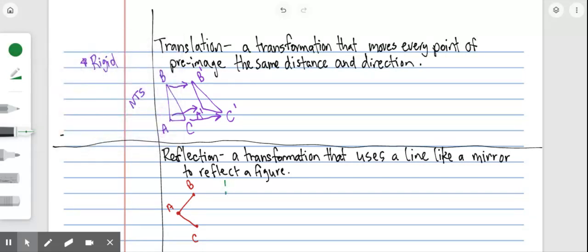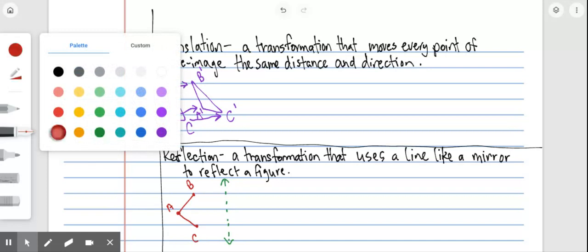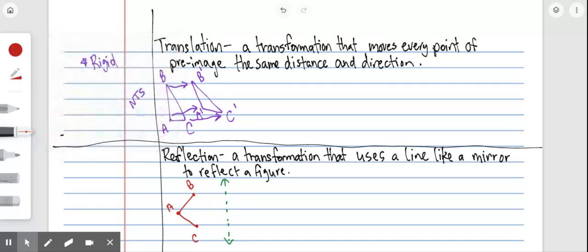Let's say the line of reflection is here. And you would reflect each of those points over that line of reflection. So you would have to pretend like there was a mirror here and see where that B would end up on the other side. B is going to end up somewhere right about here, B prime. The A is going to end up right about here, A prime. And the C will end up right about here, C prime.